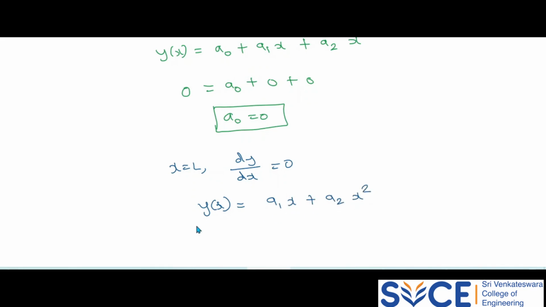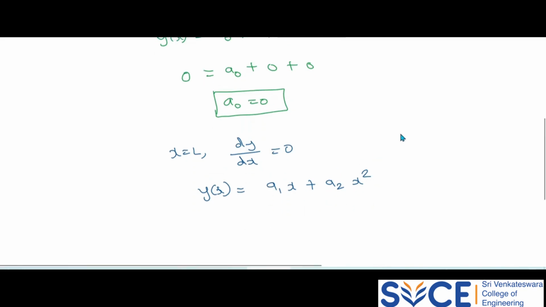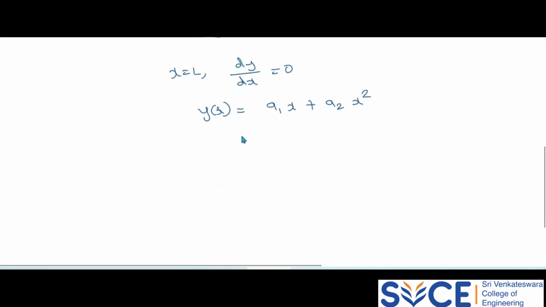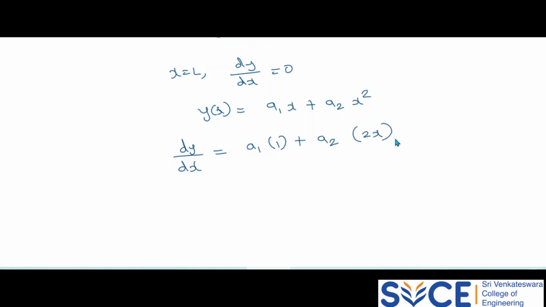This is the new y. In this new y we apply dy by dx is equal to 0. Since it is dy by dx, I am going to differentiate this once. If we differentiate, what will we get? dy by dx is equal to a1, x differentiated gives 1, plus a2, x square differentiated gives 2x. So I will get a1 plus 2a2x.